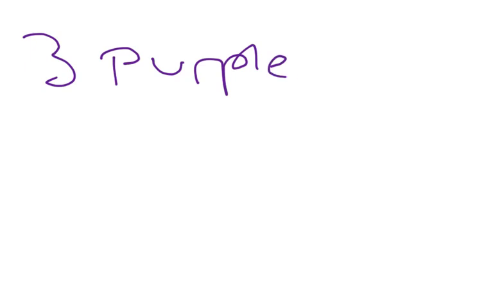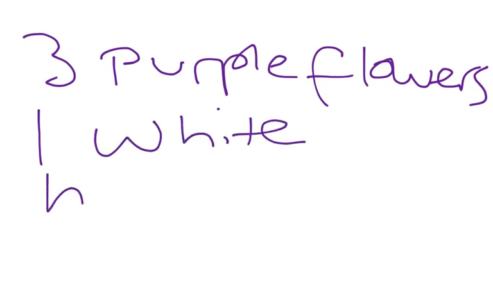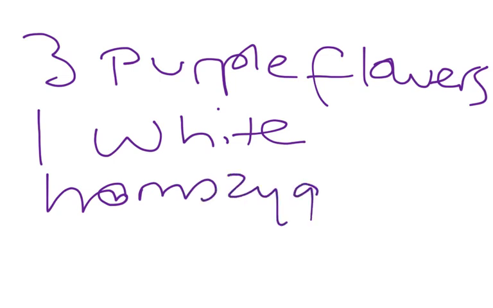What does that mean? There will be 3 purple flowers, as you can see, and there will be 1 white homozygous recessive.